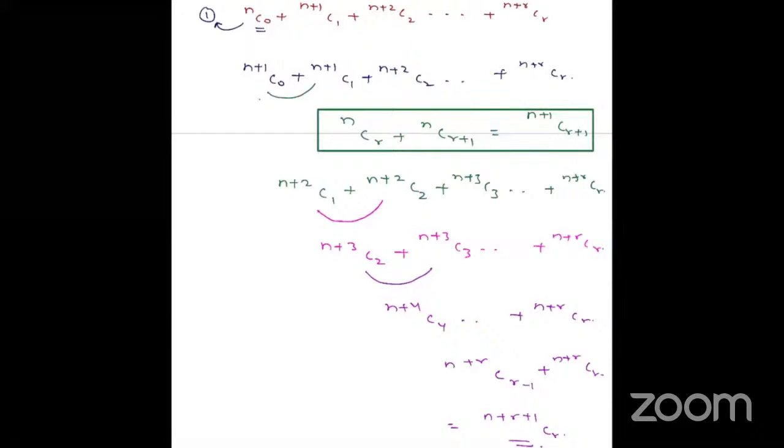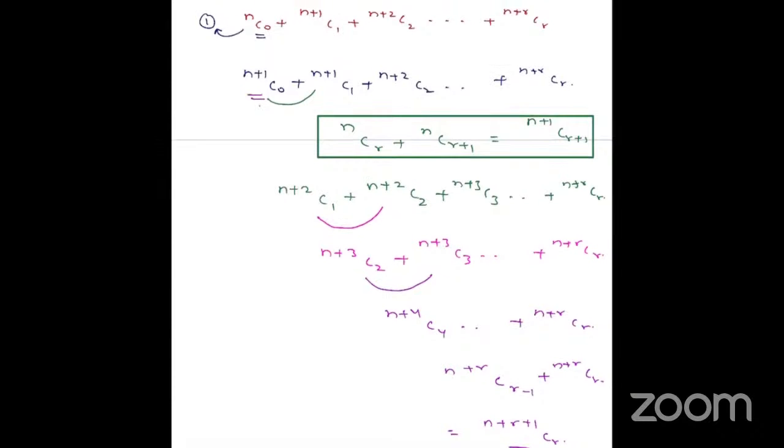This is called the catalyst effect. Catalyst effect means you have to give something for the reaction, and when the reaction starts, it's a controlled reaction that goes up to n plus r Cr. So if I'm applying this formula, n plus 1 C0 plus n plus 1 C1, then 100% these two will become n plus 2 C1, and n plus 2 C2.